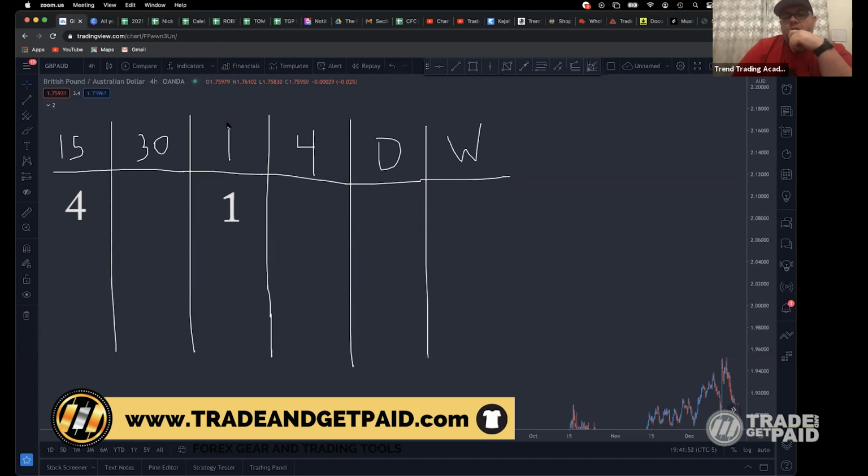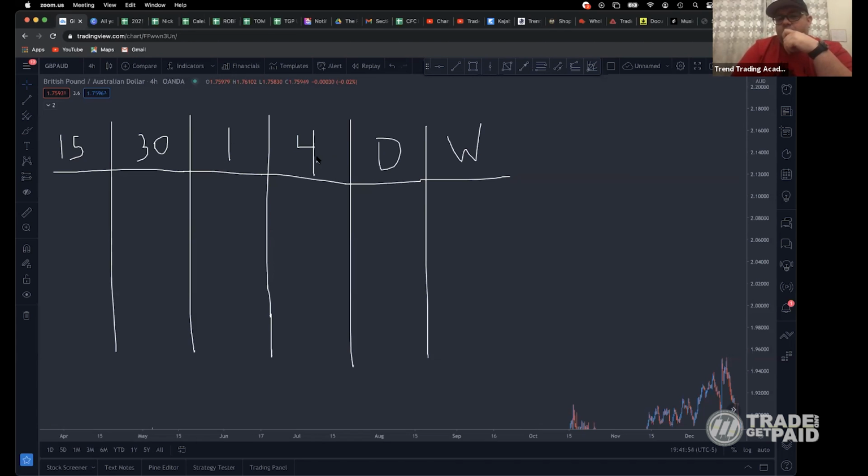So if there are 4 1-hour candles inside of every 4-hour candle, and 4 15-minute candles inside of every 1-hour candle, how many 15-minute candles are in a 4-hour candle? We're doing some algebra up in here today. X equals what?